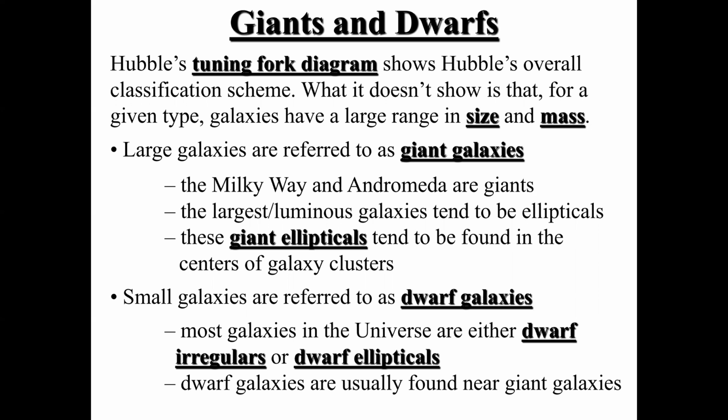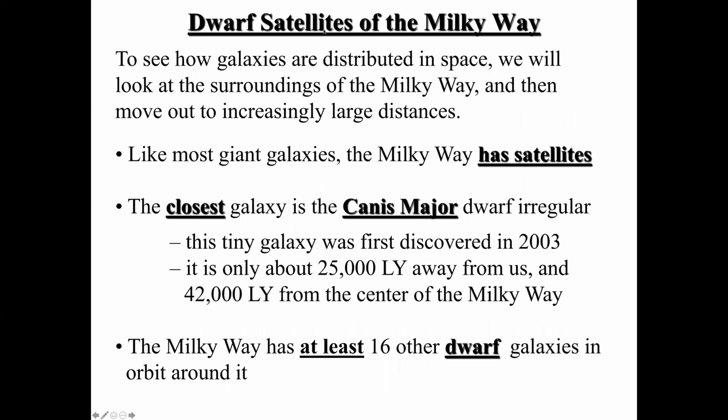Remember that these are two different classifications, not the same. And then I gave some examples of dwarf galaxies. Dwarf galaxies also have another name, satellite galaxies. And as of now, we have around 16 dwarf galaxies around our Milky Way, right?